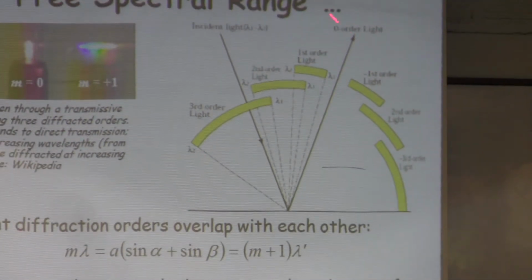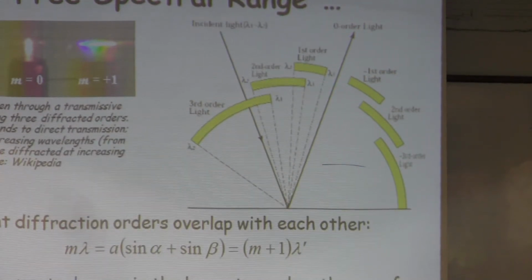If you put a screen here and image it, obviously this is your spectrum, what you want to record. The problem is that if you observe something here, you don't know whether it is really a line at lambda 2 of the first order, or a line close to lambda 1 of the second order.